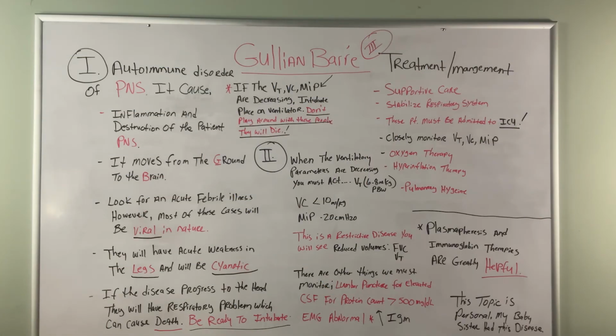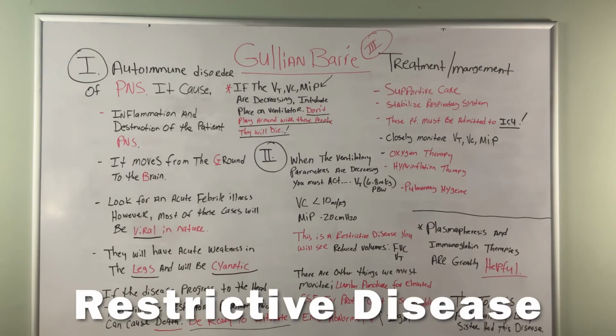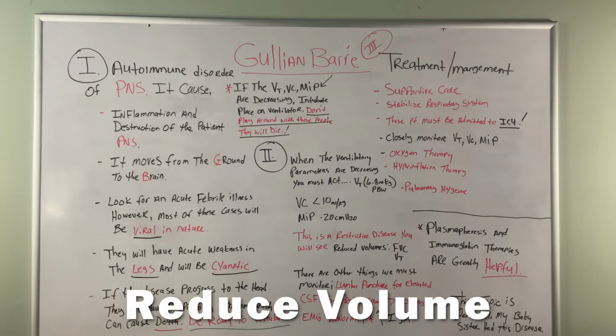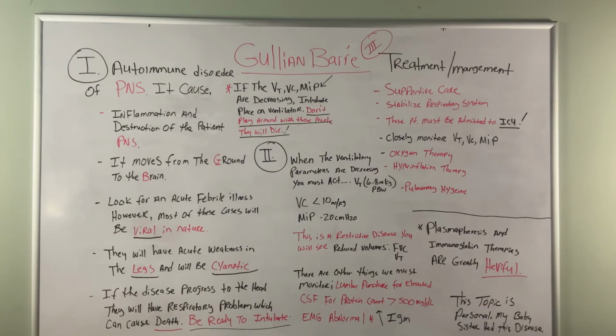If it goes down to 19 and 18 and 15, that's not good. You will definitely have to intubate this patient. Now, remember that neuromuscular diseases are also restrictive diseases, and you will see reduced forced vital capacity as well as reduced tidal volume.